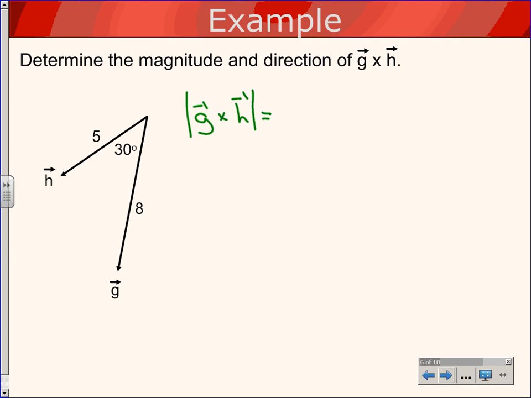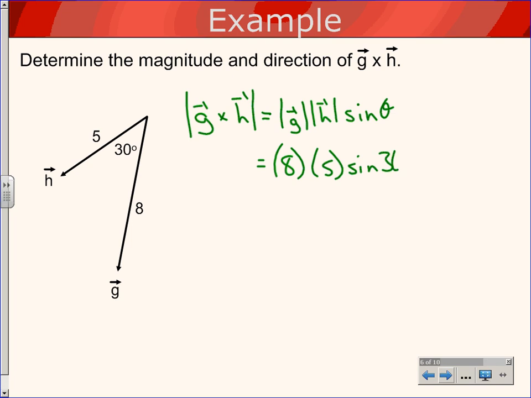The magnitude is the magnitude of G times the magnitude of H, and it's the cross product, so it's sine of the angle in between. So that's 8 times 5 times sine 30. Sine 30 is nice, that's just 0.5. So that's a total of 20. No units there, right? We never started with any units, but the magnitude of the cross product is 20.